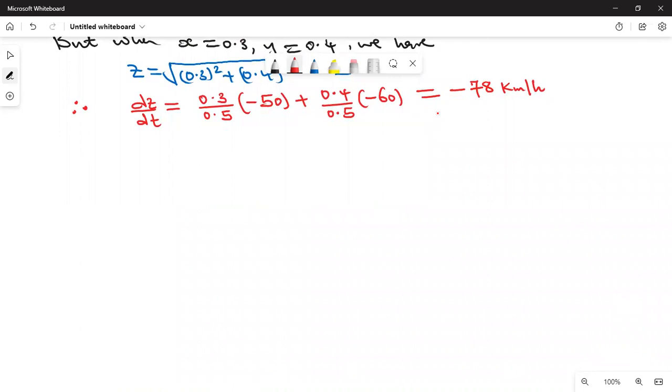Lastly, let me give you another one. We can write example 4. I want to exhaust all the problems involved in related rates. So the last example is example number 4.